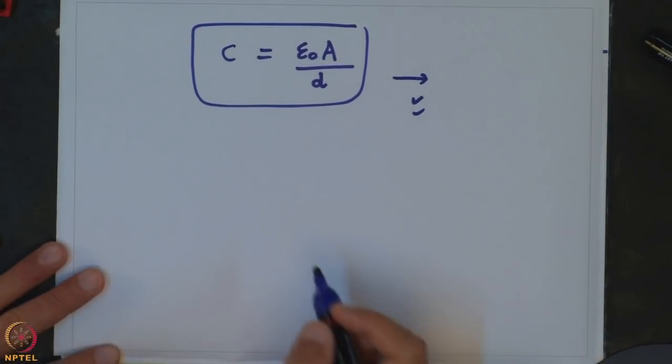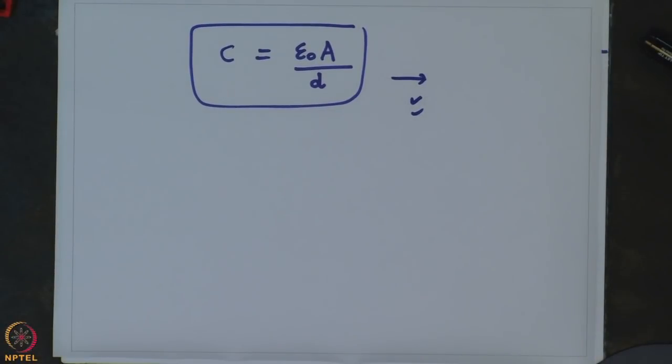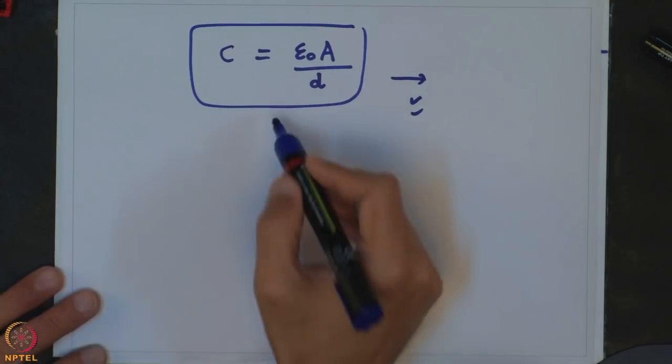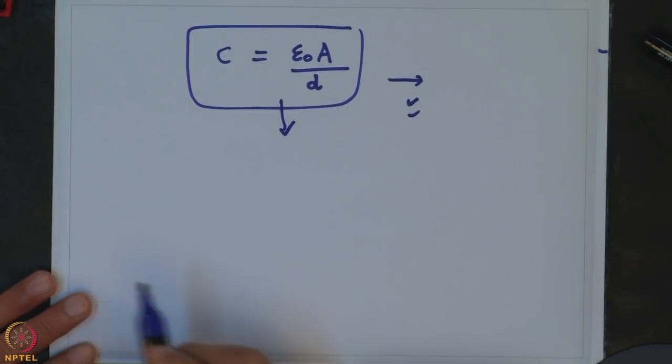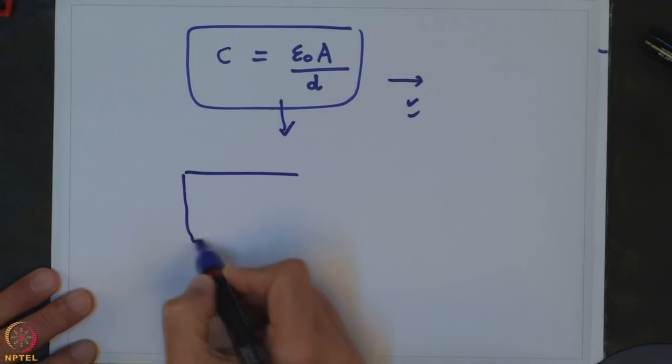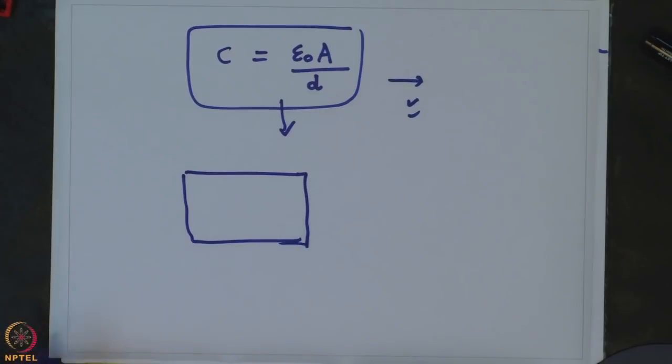Now if there is air between these plates, this is the capacitance that you get. But if you insert a dielectric, which has several dipoles, they get aligned when you place them in the field created between the two plates, and they result in a net reduction of this electric field, which has the effect of increasing the capacitance.